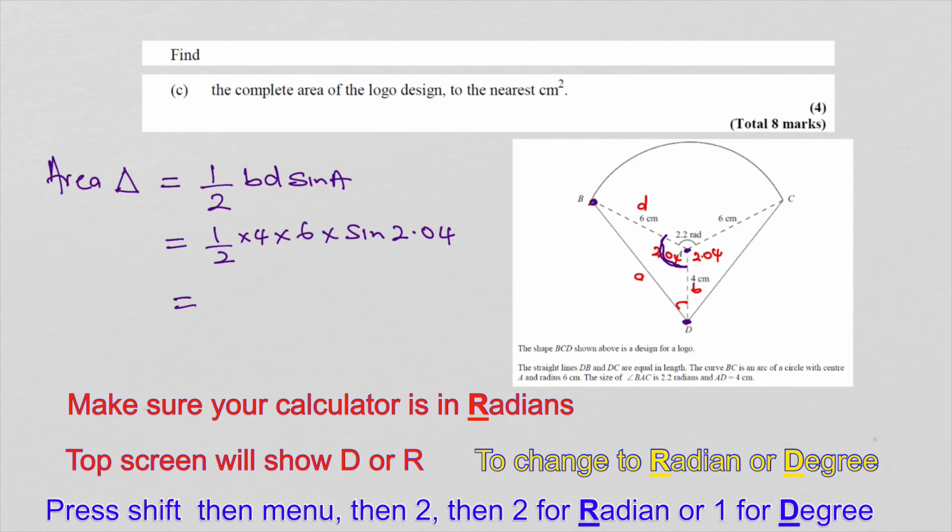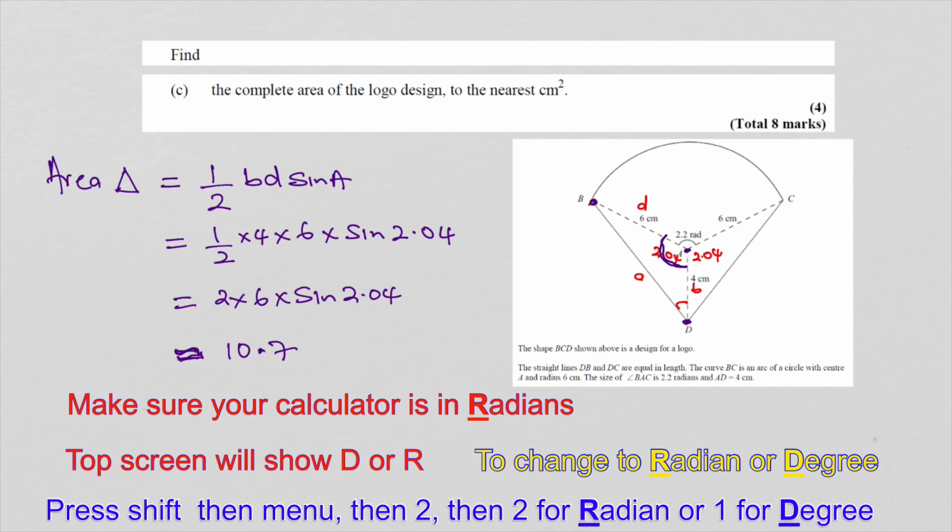So if you plug it in, that's a half times 4 times 6 times sine 2.04. That should give us roughly 10.7. It goes on, so it's just 10.7 for 3 significant figures.